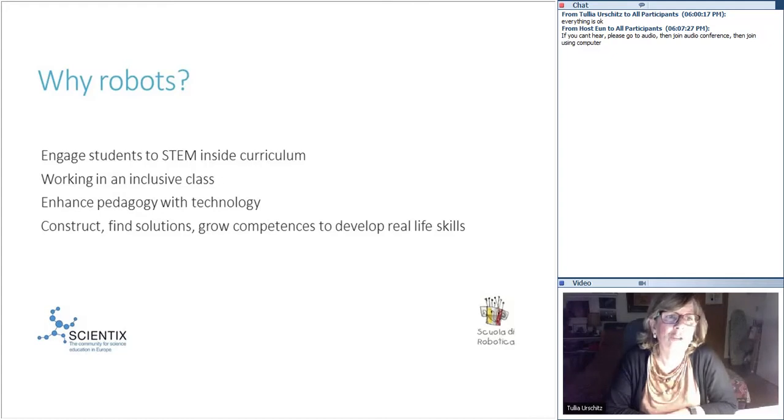Also, working with robots allows teachers to work in an inclusive class, and by inclusive I mean engaging all students, starting from students with learning difficulties, going to gifted students, and also engaging girls in math.